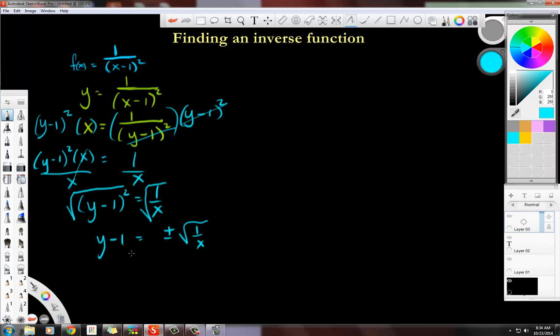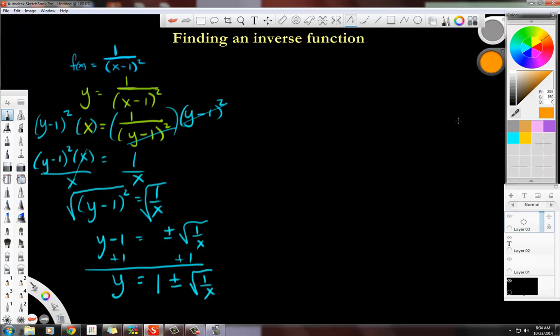So that's just going to be y minus 1. Almost done solving it for y. So I'm going to add 1. And here's how that turns out. Y equals, and you need to put the 1 in front of the plus or minus. You always do that. So it's 1 plus or minus the square root of 1 over x.